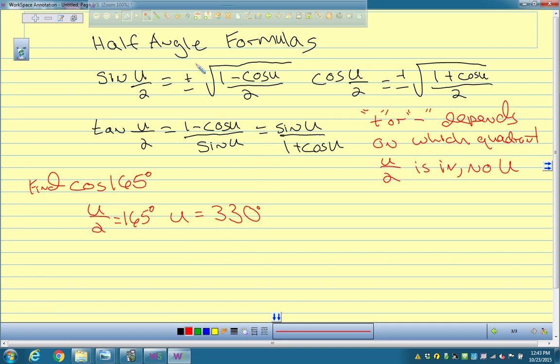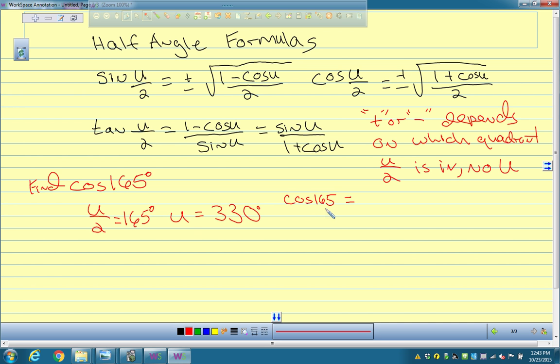So the cosine of 165, I'm going to use the cosine formula, where 165 is u over 2. First of all, is cosine positive or negative at 165 degrees?